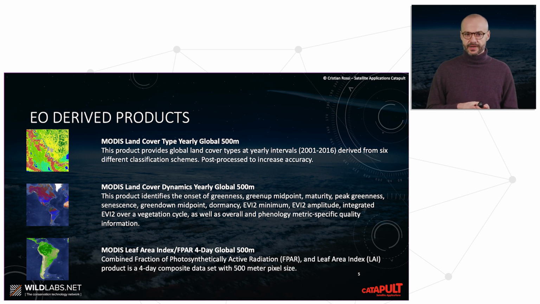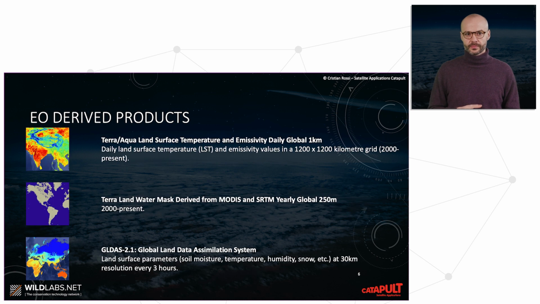Still on MODIS, leaf area index product at 500 meters. Temperature, surface temperature at 1 kilometer from Terra Aqua is another available product, as well as water mask at 250 meters.